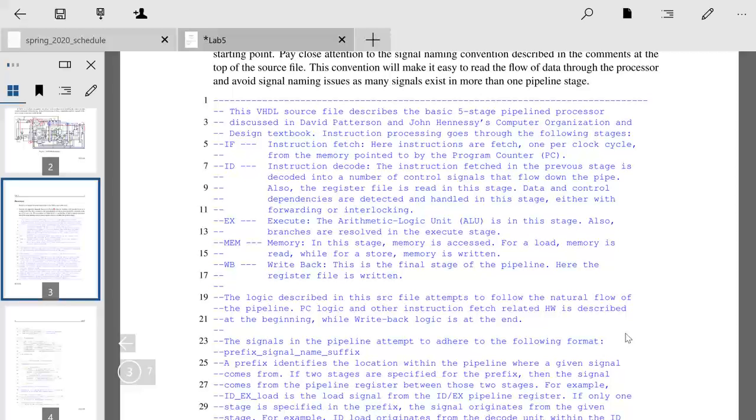Just like in our pipeline, the fetch is happening concurrently with the decode, which is happening concurrently with the execute, happening concurrently with the memory, which is happening concurrently with write back. All of those things happen concurrently.